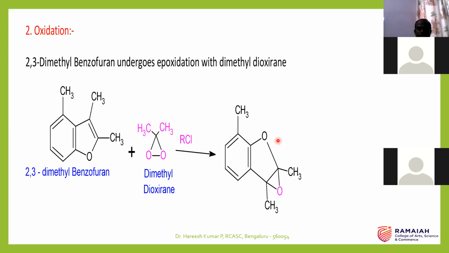So an epoxide is formed here. This is about the substituted benzofuran. When the substituted benzofuran is treated with dimethyldioxirane, an epoxide is formed. This is an example of oxidation of benzofuran. So with this, I will go to the next slide.